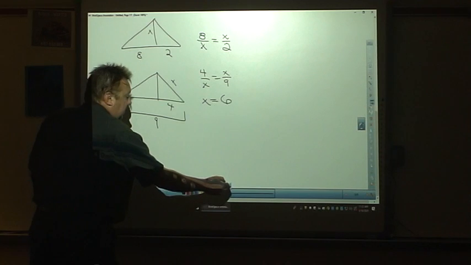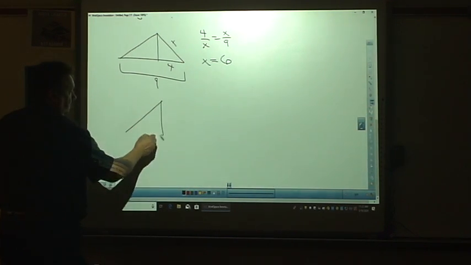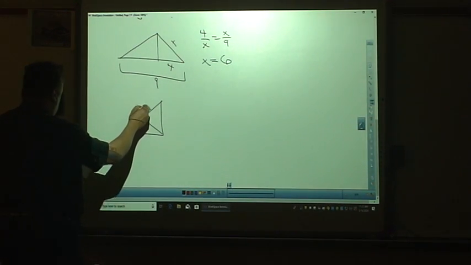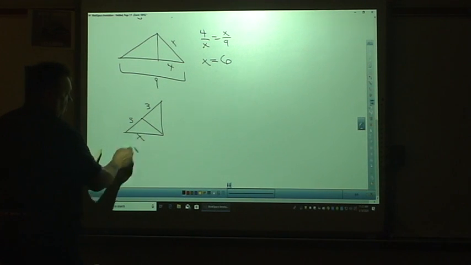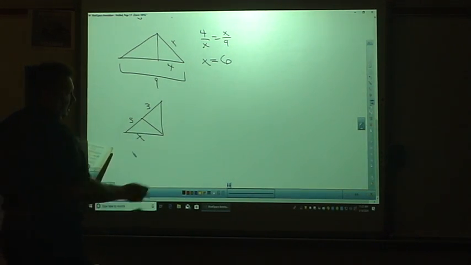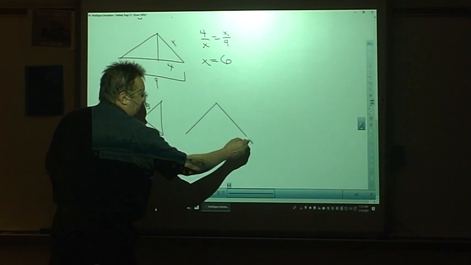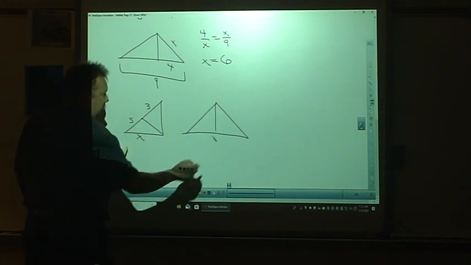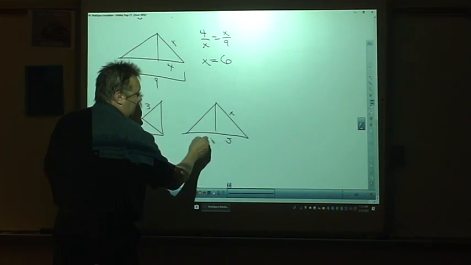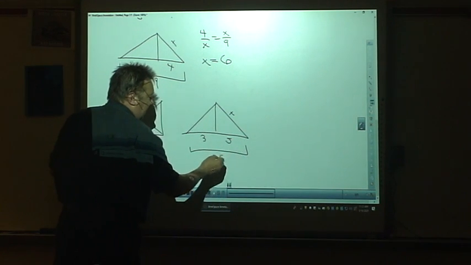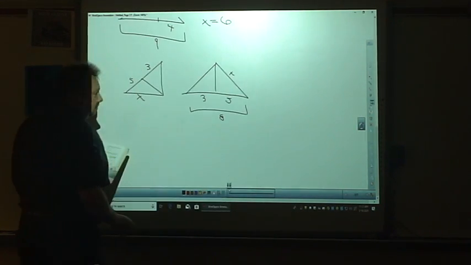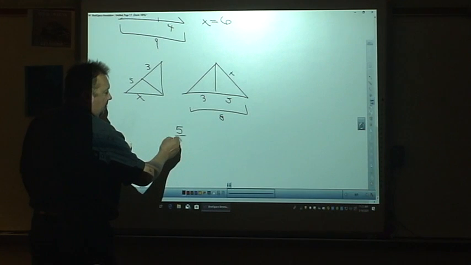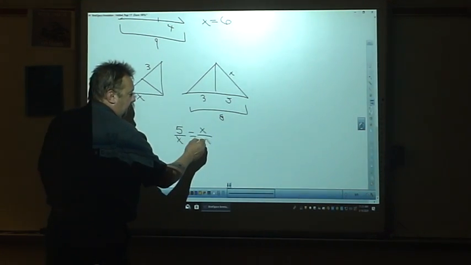For number 17, we have these 3 parts. It might be helpful to rewrite it so that you have x, 5, 3, which means this side is 8. 5 over x equals x over the hypotenuse.